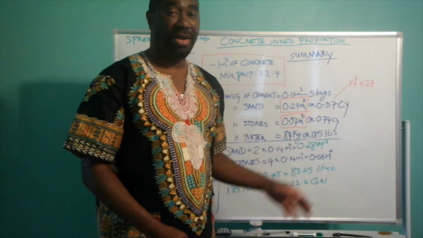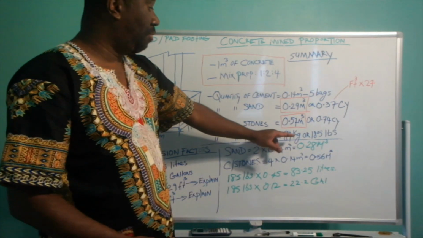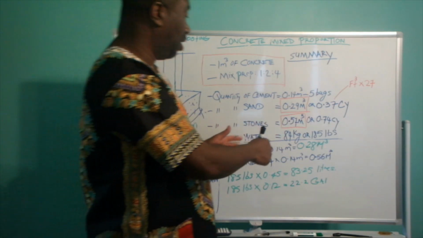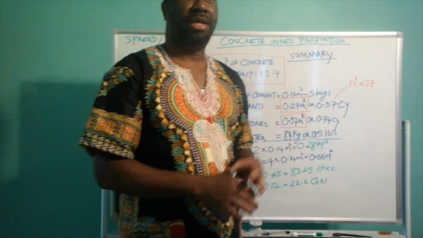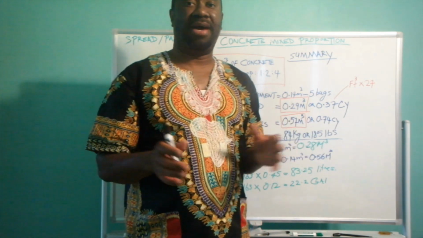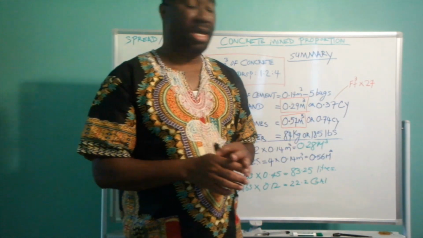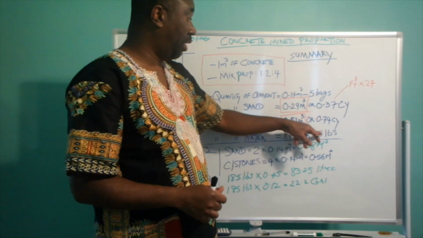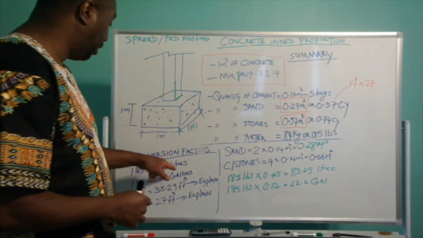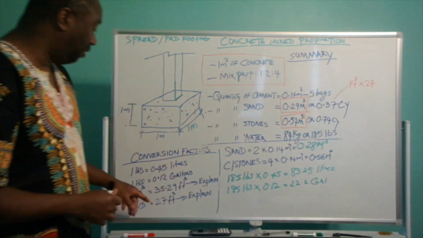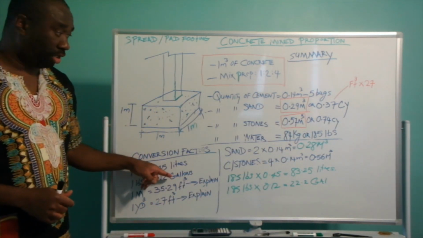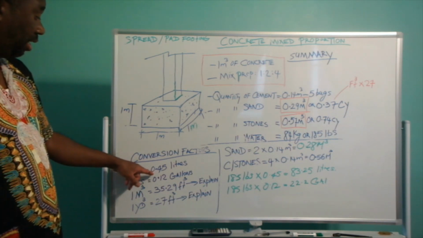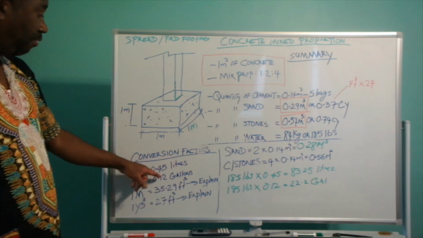or 185 pounds. Now, if you're not comfortable with working with the weight of water in pounds, and in the event that you do not have a scale on your site to weigh the water, you can convert this 185 pounds to liters, or you can convert that 185 pounds to gallons. Now, 1 pound is equivalent to 0.45 liters.